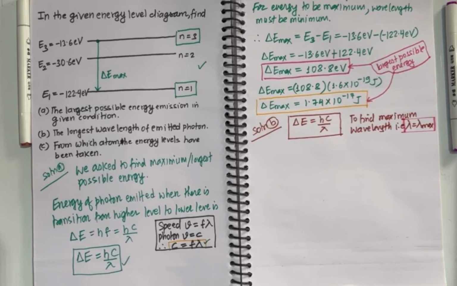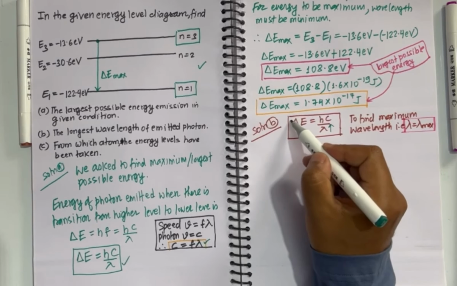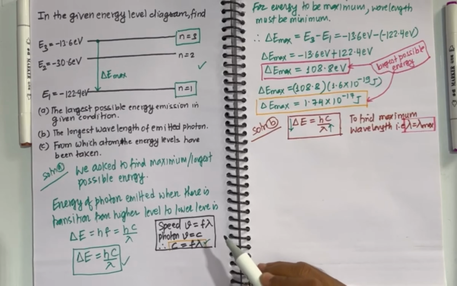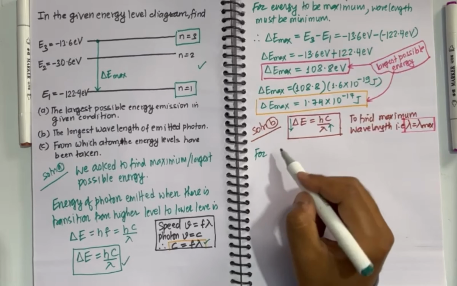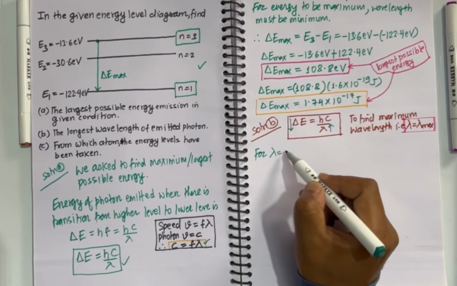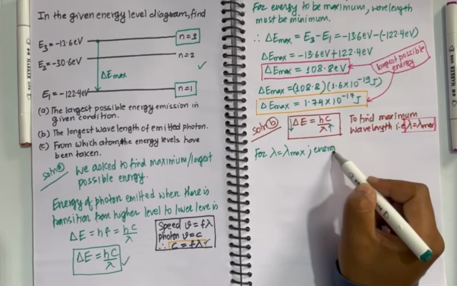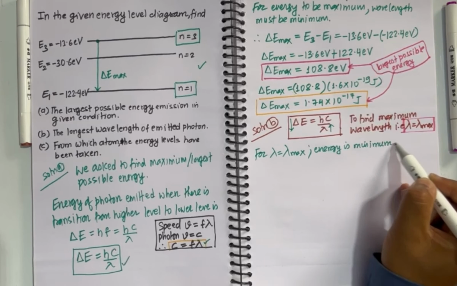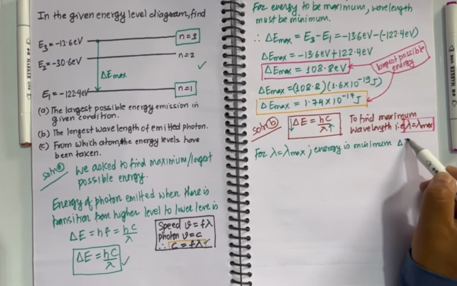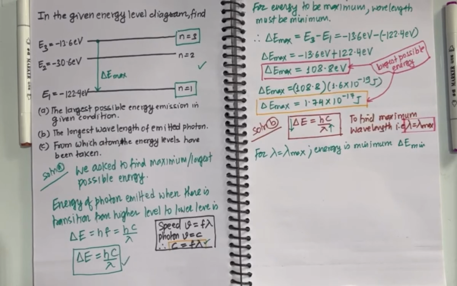Now if wavelength is maximum, then energy is minimum. So we need to note this. For lambda equals lambda max, energy is minimum, that is delta E is minimum.